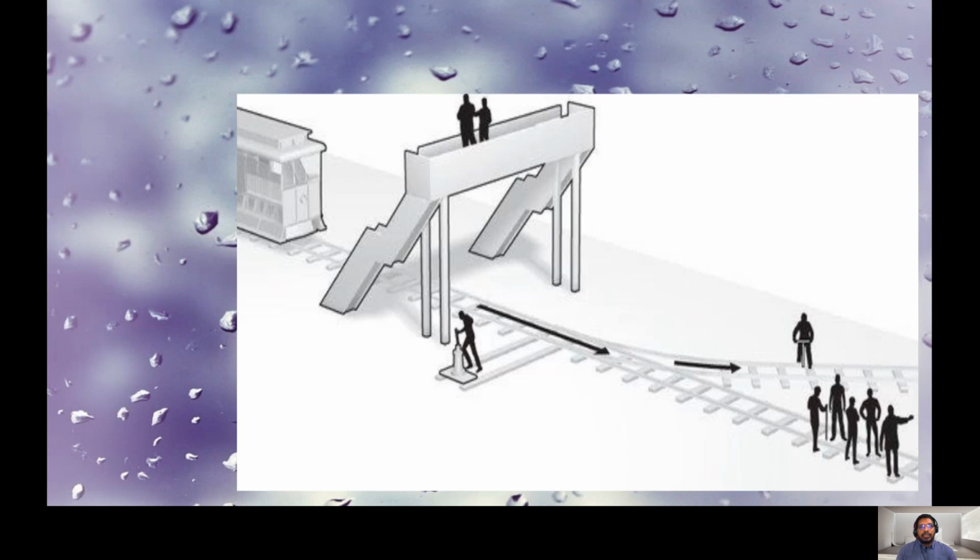Now you realize that next to you is a fat man, so fat that you think by pushing him down, he would stop the trolley, but he will end up dead. But you will save those 5 people on the track. What would you do? Would you push that fat man to save those 5 people on the track, or would you let the trolley run over those 5 people?